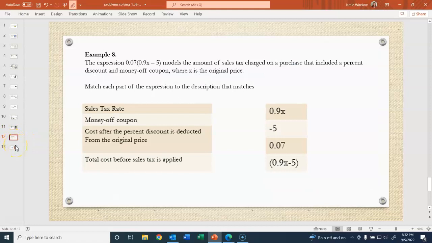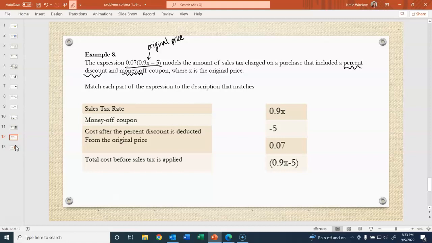Example 8. Here's our expression. This models the amount of sales tax charged on a purchase that includes a percent discount and money off coupon, where x is the original price. So here's the original price. And we're talking about something where we're going to take money off, and there's a percent discount.